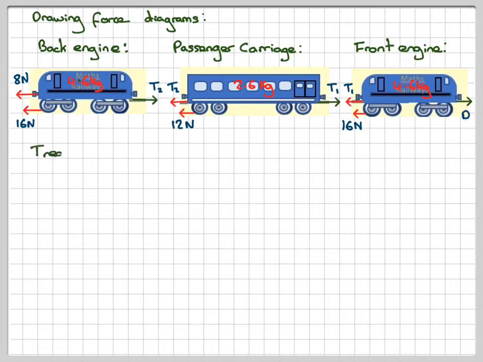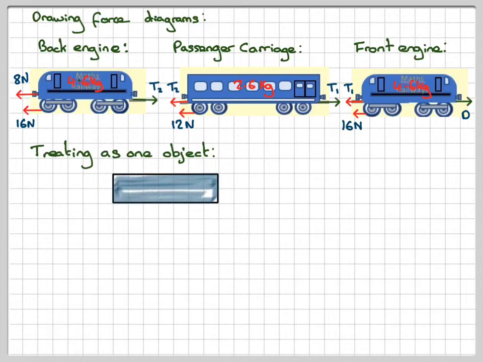So first of all, what we need to do is treat the whole system as one object. So we'll just draw a block. The resistance will be 8 plus 16 plus 12 plus 16, which gives me 52 newtons.